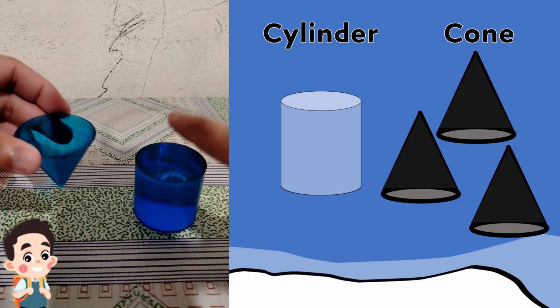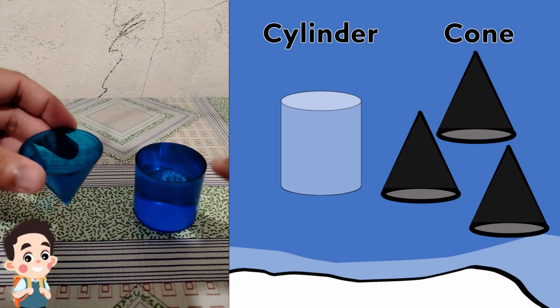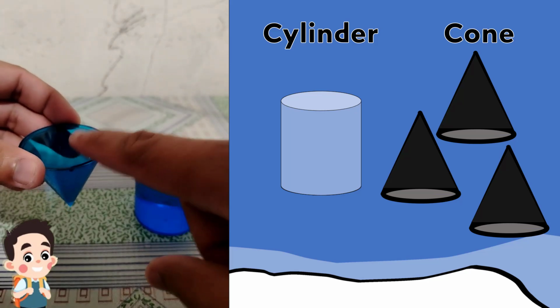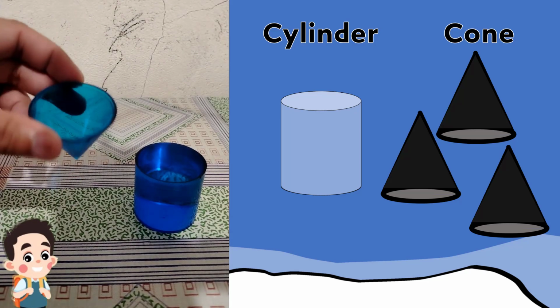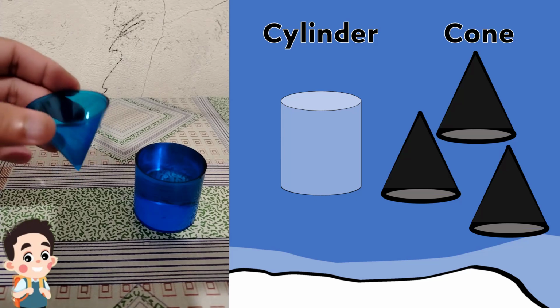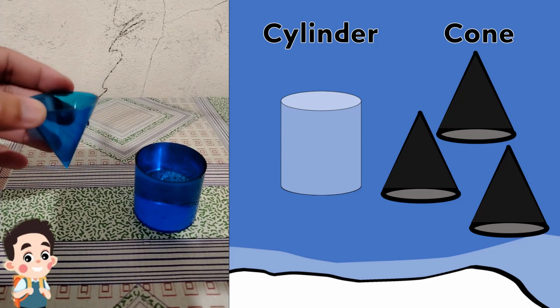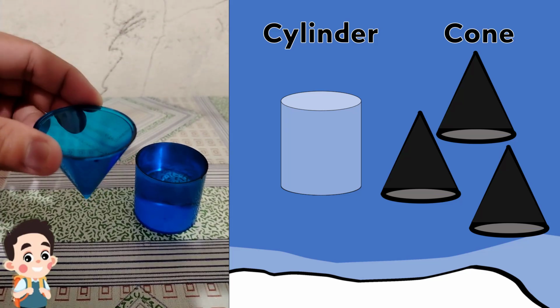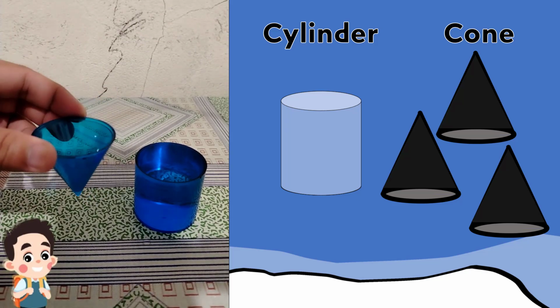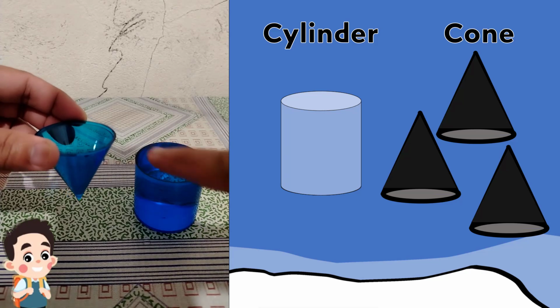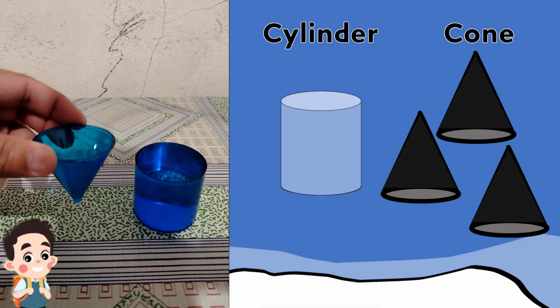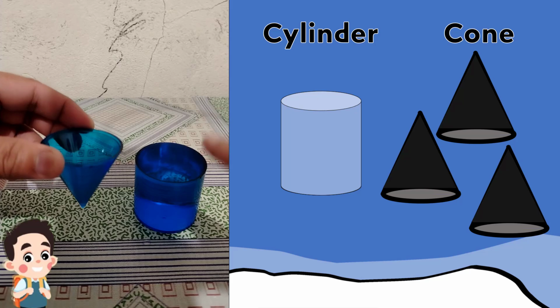Again, the total capacity of the cylinder having the same circular base as this cone is 3 times the capacity of this cone. Going to the other side, that would mean that the capacity of this cone is just 1/3 of the total capacity of the cylinder having the same circular base.